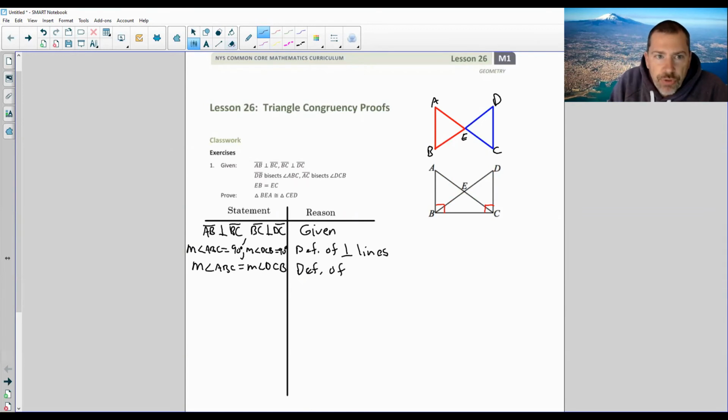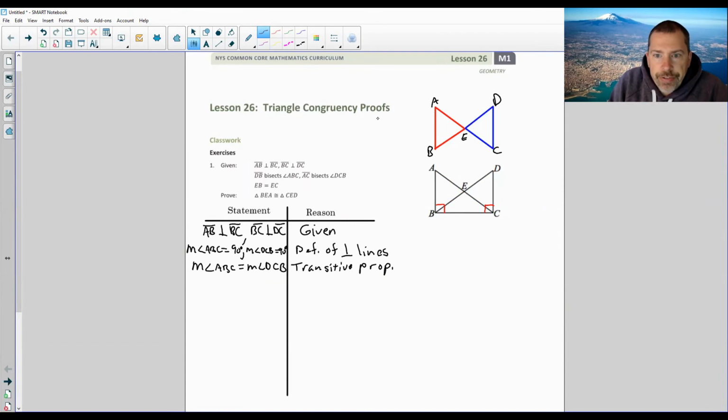Or not, I'm sorry, transitive property. If A equals B and B equals C, then A equals C, transitive. Okay, so now I know they're congruent.